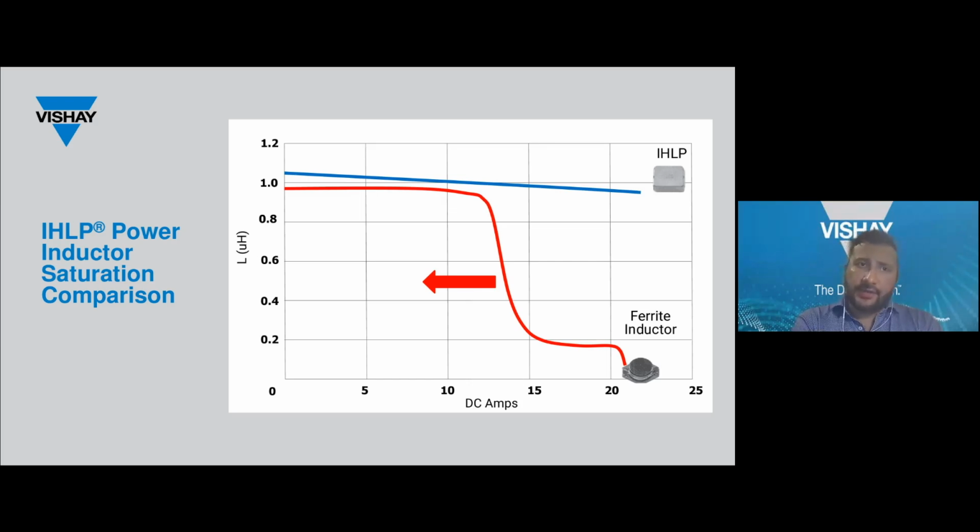The powder iron technology is very stable as opposed to the ferrite in the red curve, which shows how the inductance value really drops or saturates, resulting in a very undesirable condition of an inductor. So it basically doesn't act like an inductor anymore.